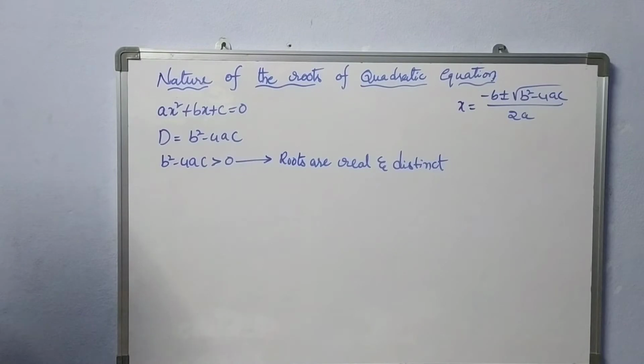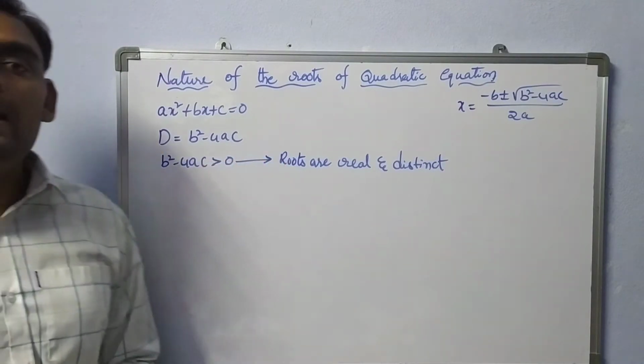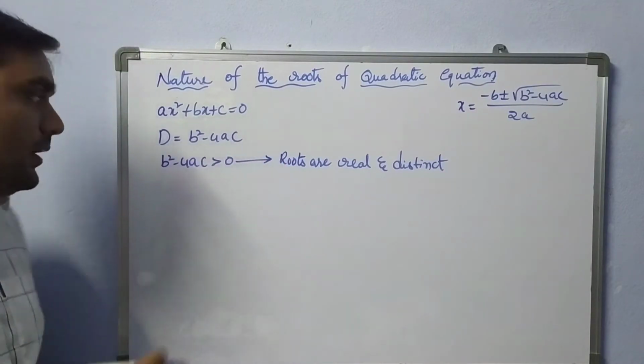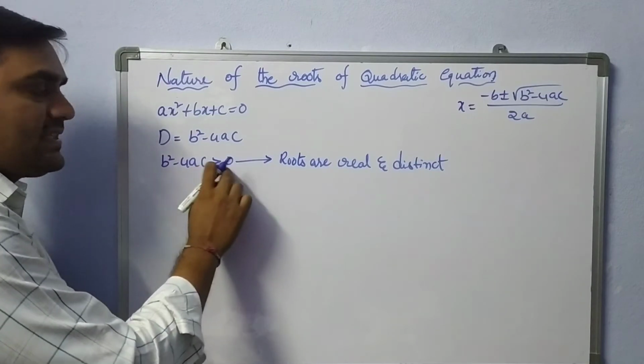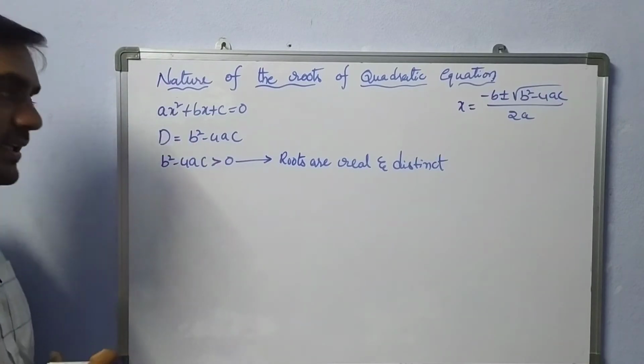We will get two roots, and those two roots are real and distinct, different, when the discriminant b square minus 4ac is greater than 0.